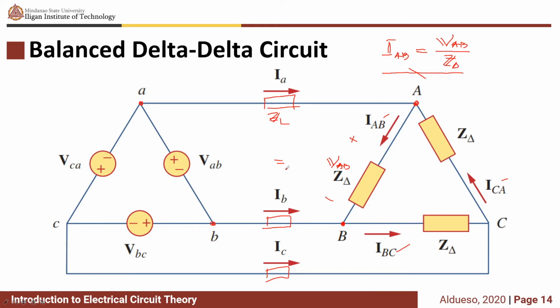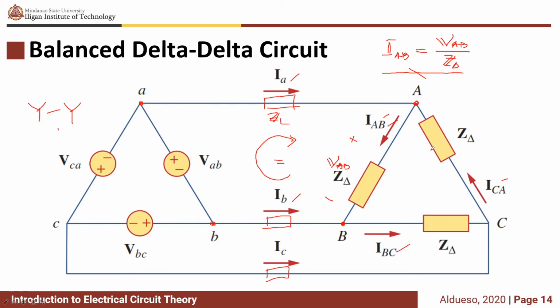And when we perform KVL in this loop, there will be too many unknowns: IA, IAB, and IB. So what we need to do is transform this circuit into a Y.